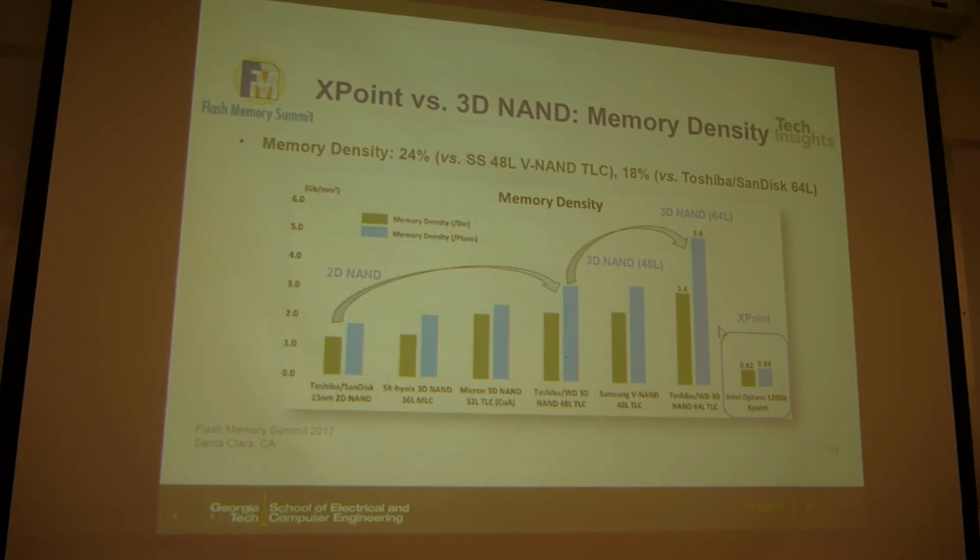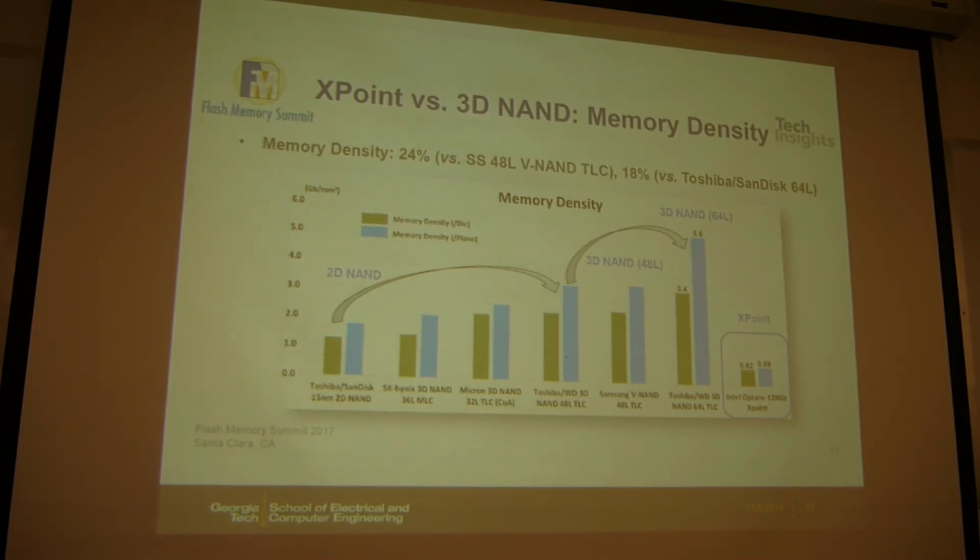So XPoint is only built on one, or are there 2 layers of XPoint in the entire chip? Yes. They don't do multiple? In the first generation, yes, only 2 layers. And I think we discussed before, this 3D stacking is a simple stacking. It's not a vertical channel kind of design.